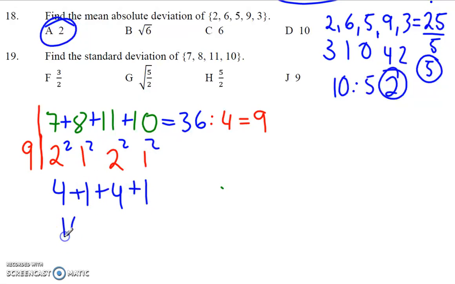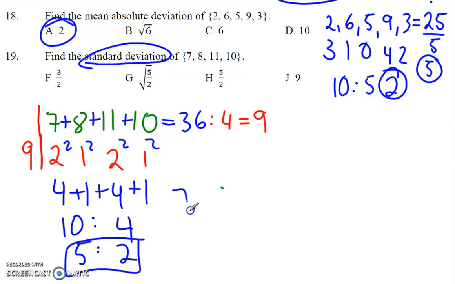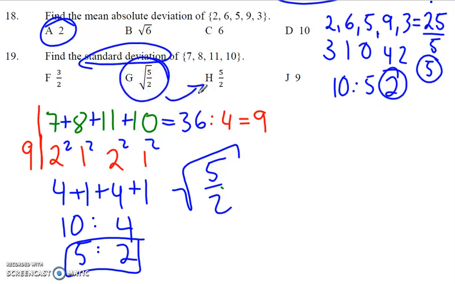That gives you 10 divided by 4. Can be simplified to 5 divided by 2. Now, we are looking for the standard deviation. This is the variance. Careful. Now we have to find the square root of that variance. So don't get tricked into thinking it's this option.